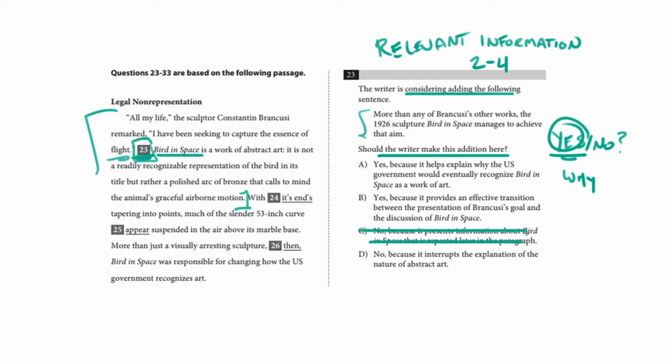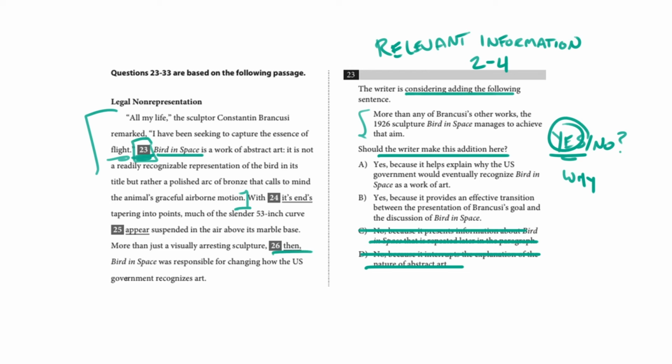We've made our binary decision, and now we can focus on the rationale, on why it makes sense to include this information. So, choice A: yes, because it helps explain why the US government would eventually recognize Bird in Space as a work of art. Now, we don't have the context for that, but that is what this passage is about.